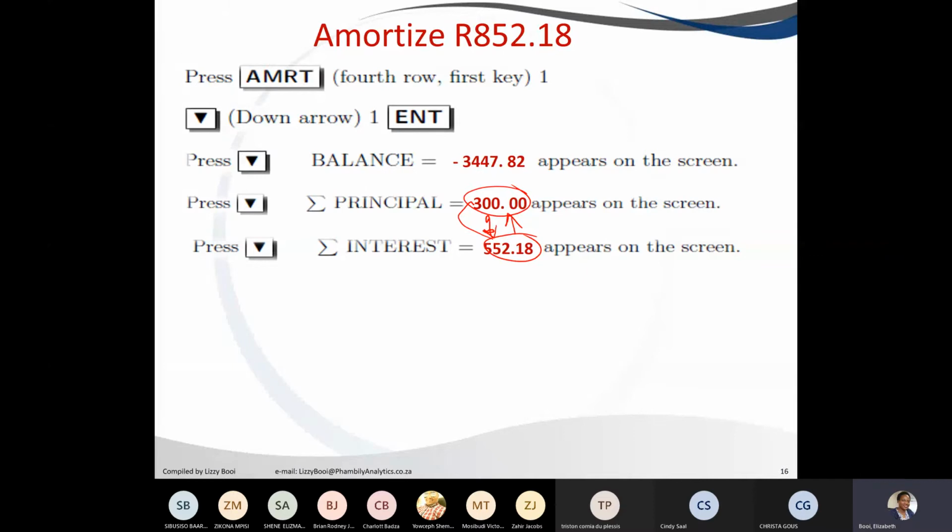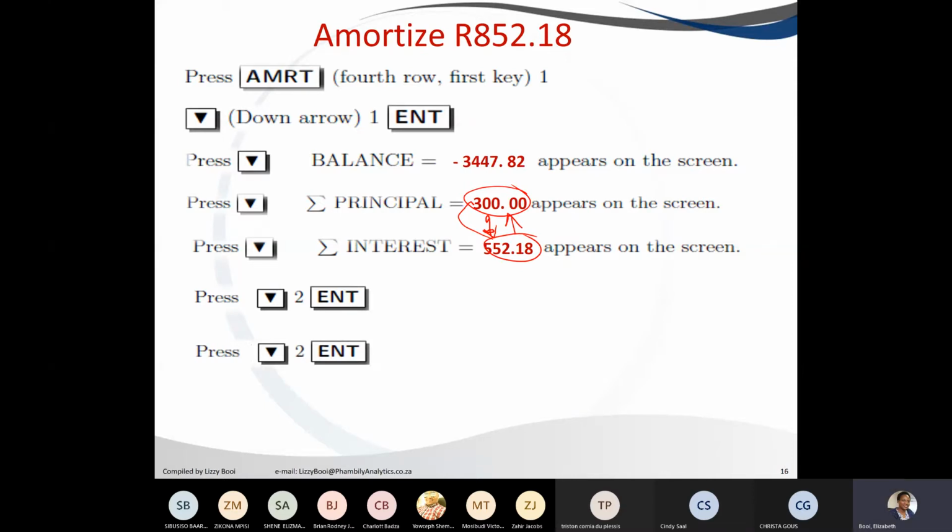Now we need to go and get everything about payment number 2. We need to amortize or get the balances and everything relating to payment number 2. You press down arrow and then you press 2 and then press ENT and press again down arrow, 2, ENT.